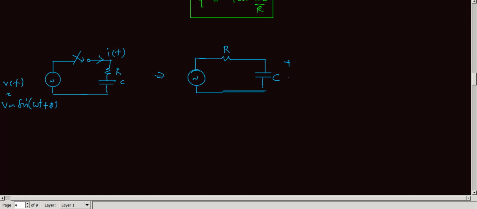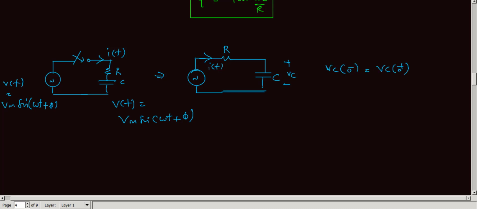Let Vc be the voltage across the capacitor, and the current is I of t, with V of t equal to Vm sine of omega t plus phi. We know the basic condition that Vc of 0 minus equals Vc of 0 plus.